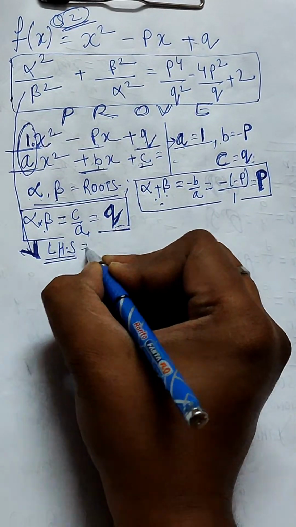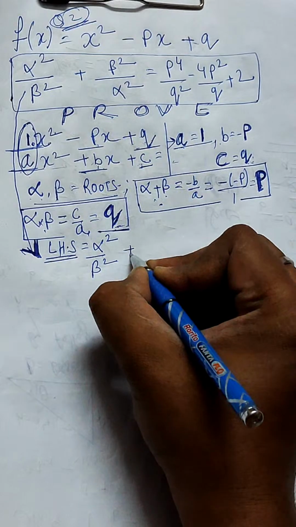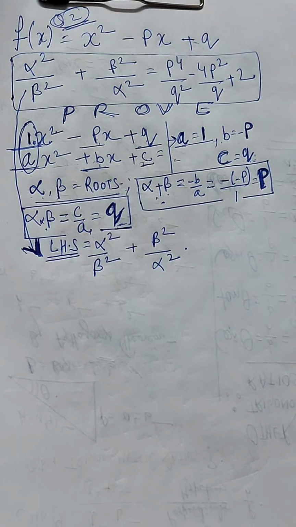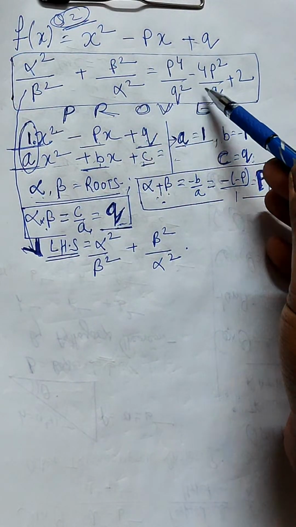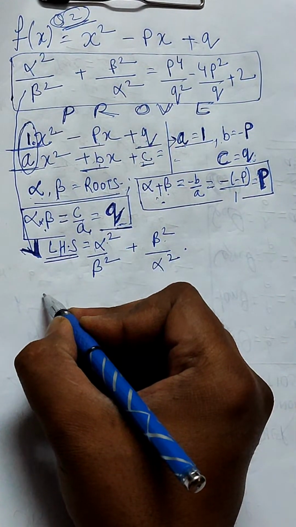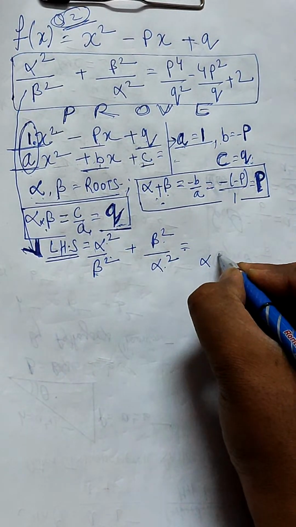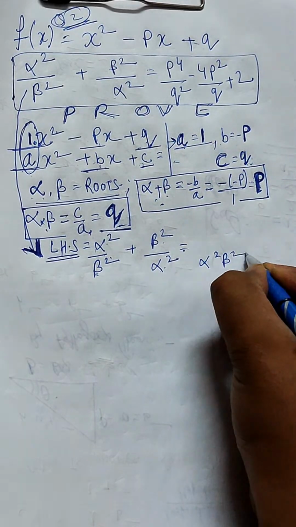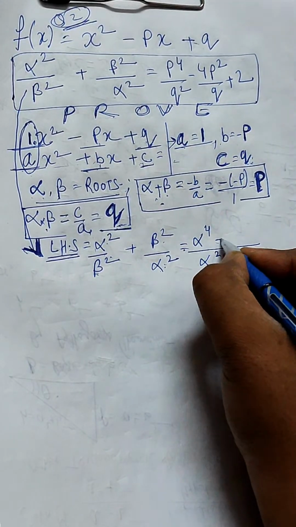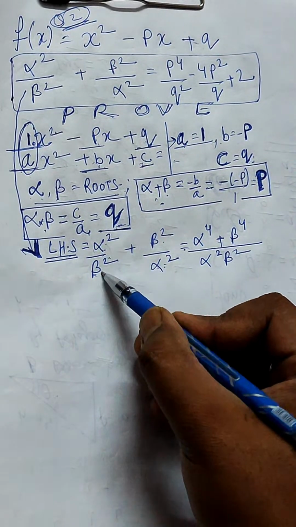The LHS is alpha square by beta square plus beta square by alpha square. This needs to be proved equal to this value. Now take the LCM. The LCM will be alpha square beta square, and in the numerator we will have alpha^4 plus beta^4, because alpha square multiplied with alpha square and beta square multiplied with beta square.